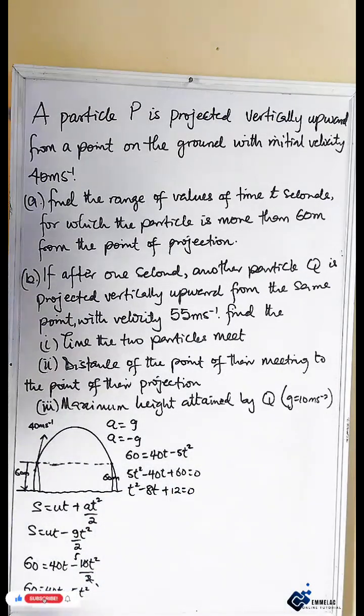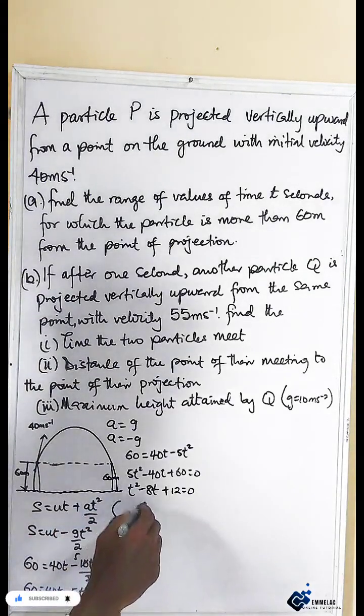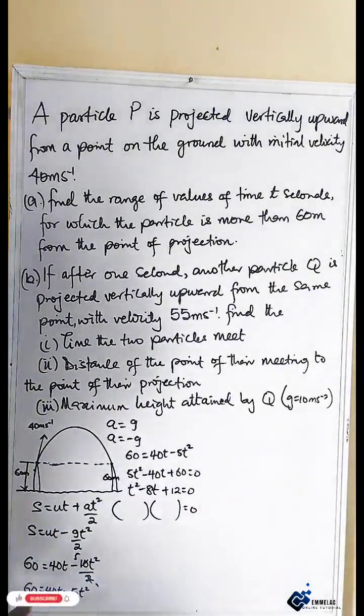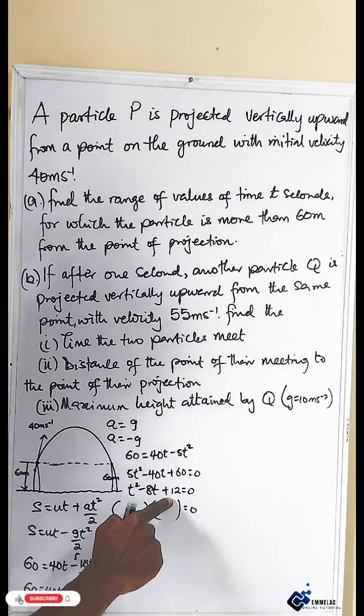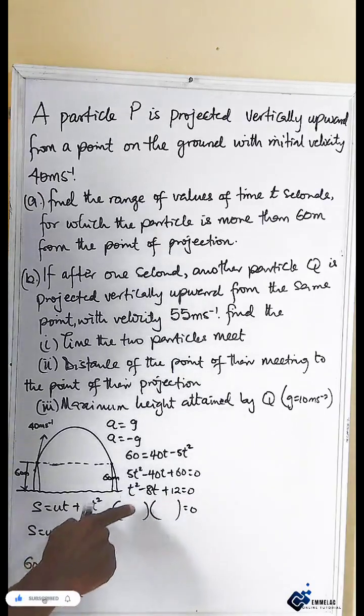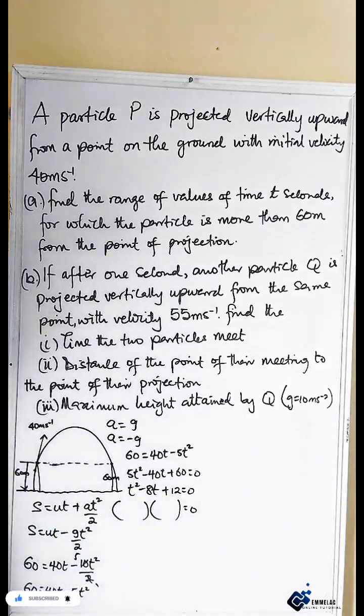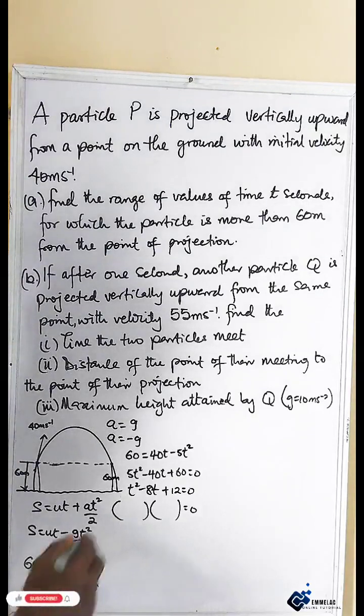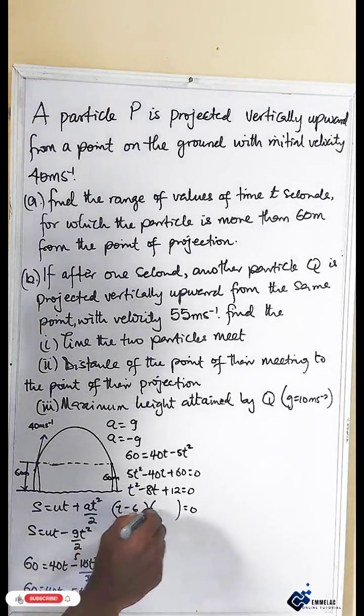Now we need to factorize. What two numbers multiply to give positive 12 and, when added, give negative 8? That should be negative 6 and negative 2. So here we have t minus 6 and t minus 2.